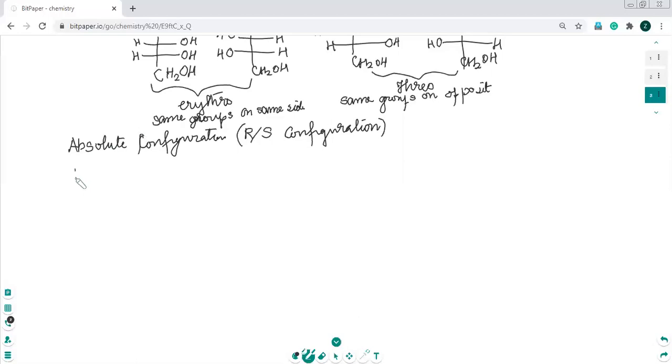Step number 1. Identify the chiral carbons in the molecule.